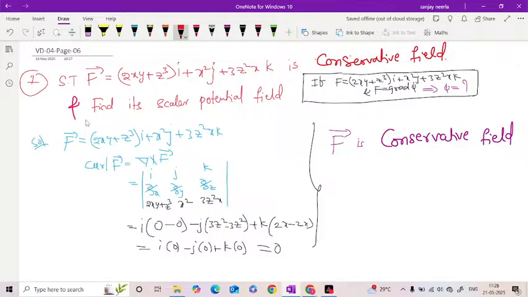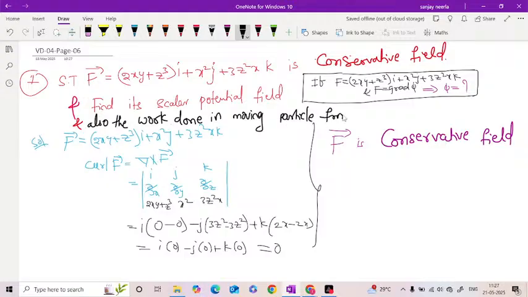Now the second one is, and also find the work done in moving a particle from point 1 comma minus 2 comma 1 to 3 comma 1 comma 4.